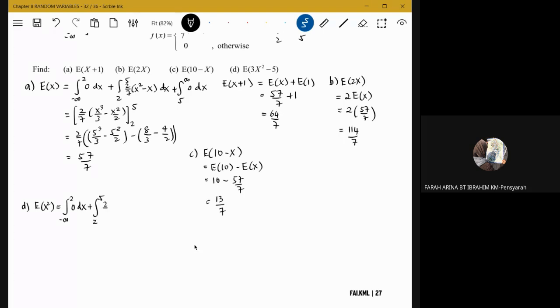So we have 2 over 7 and then we can have x cubed minus x squared. So we just have to multiply the middle part since the front and end part will be 0. So 2 over 7 here.